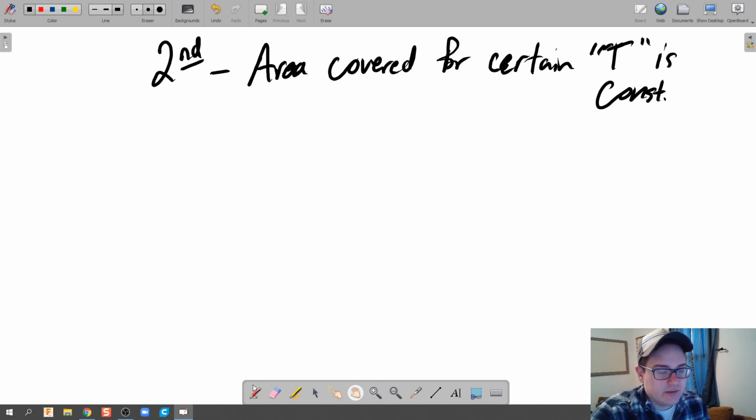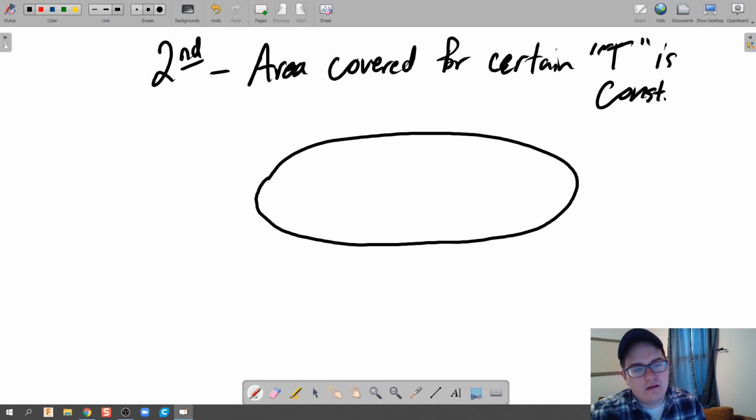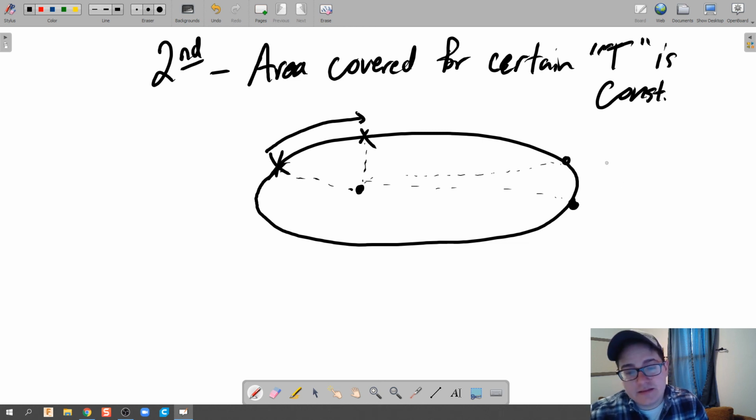If I were to take my elliptical orbit and denote that a planetary body is moving from here to here versus here to here, and this time interval is the same amount of time, so if this was Earth's orbit, let's call it a month.